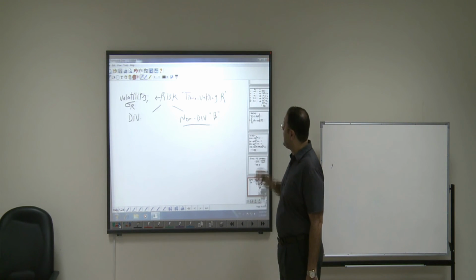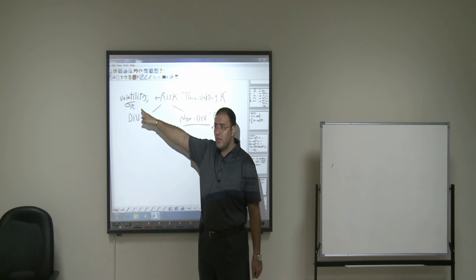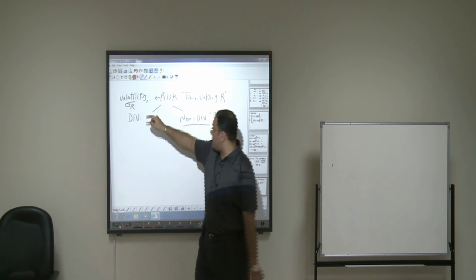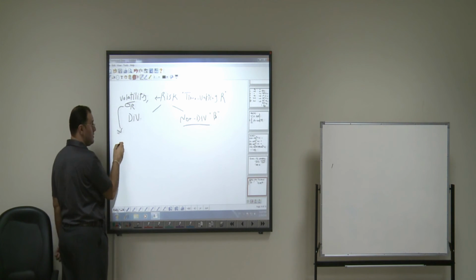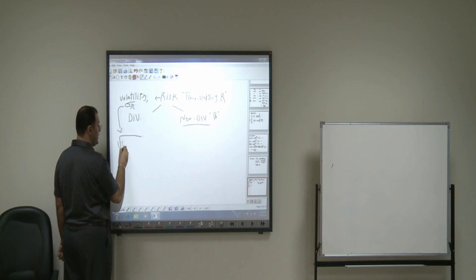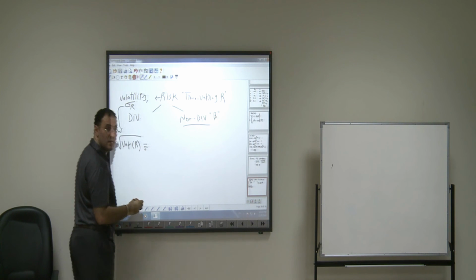Okay, and so again, total risk in finance is volatility. Now let's define it. Volatility is the square root of VAR. And what's VAR?